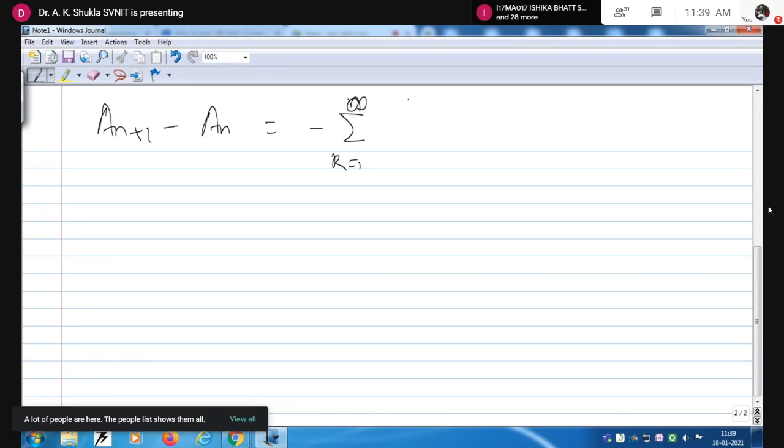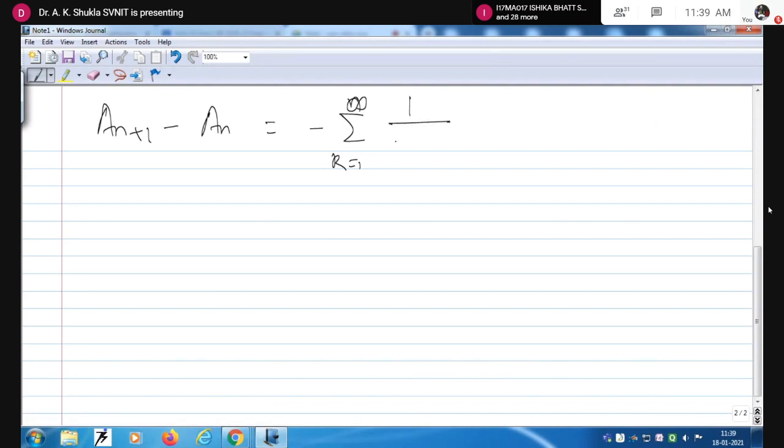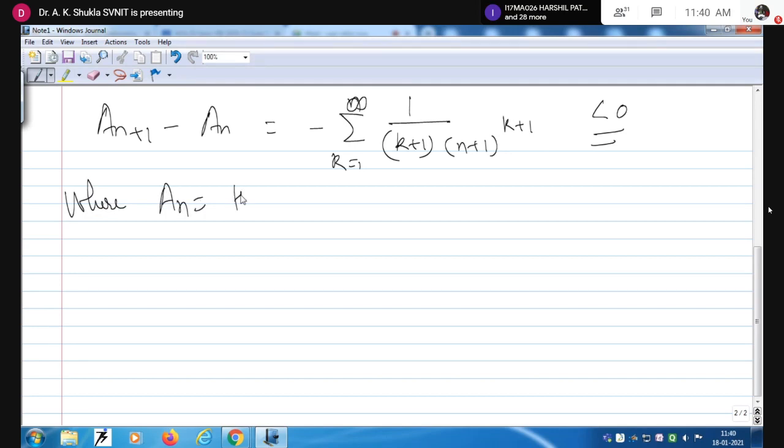And here, this is 1 over k plus 1, and this is n plus 1, raised to power k plus 1, and the value of this is less than c, that is negative. Where an we consider like this as Hn minus log n.